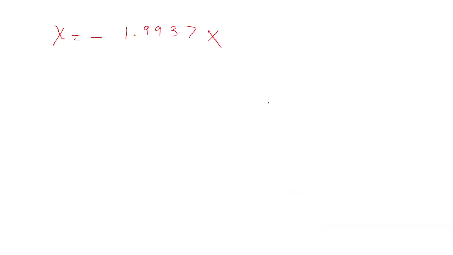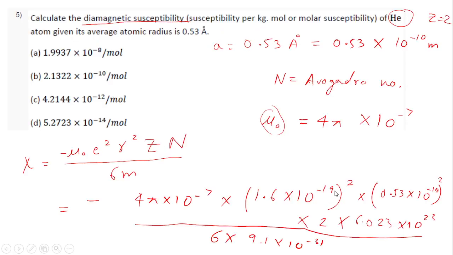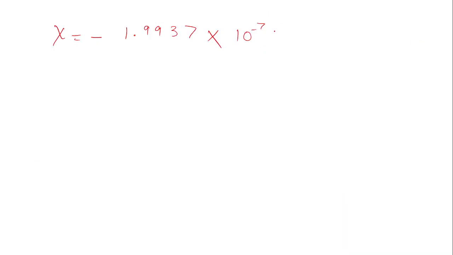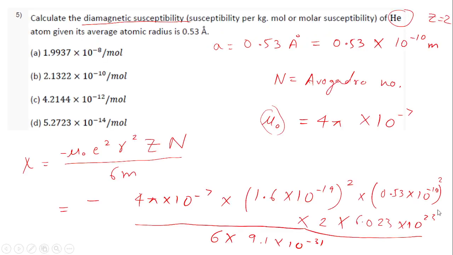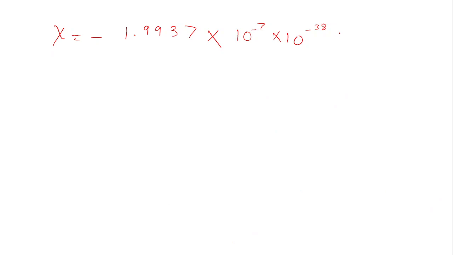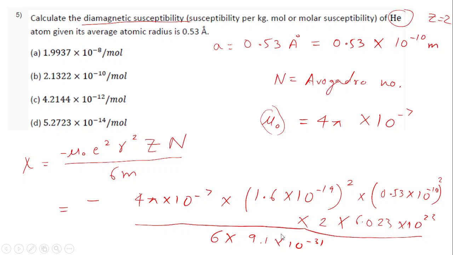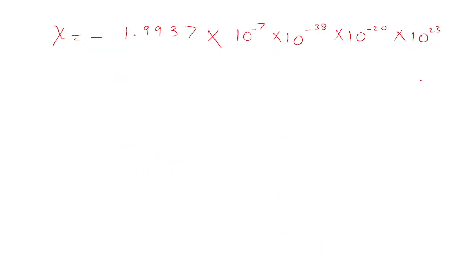So it will be 10 to the power minus 7, and 10 to the power 19 times 2, it will be 38. And then 10 to the power minus 20, to the power 23, and in the denominator we have 10 to the power minus 31, which when it comes to the numerator will be 10 to the power plus 31.